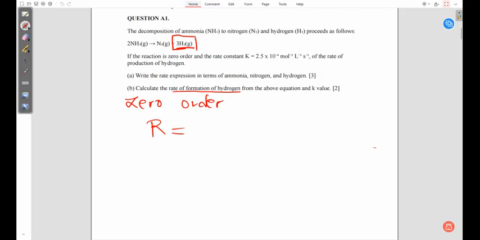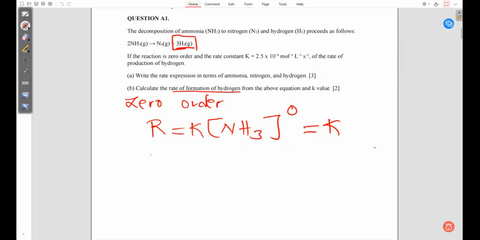The rate law is an equation that relates the rate R in terms of the constant K and the concentrations of the reactants. In this case, we only have a single reactant. Since it's a zero order reaction, the power is 0. So R ends up being just equal to K.